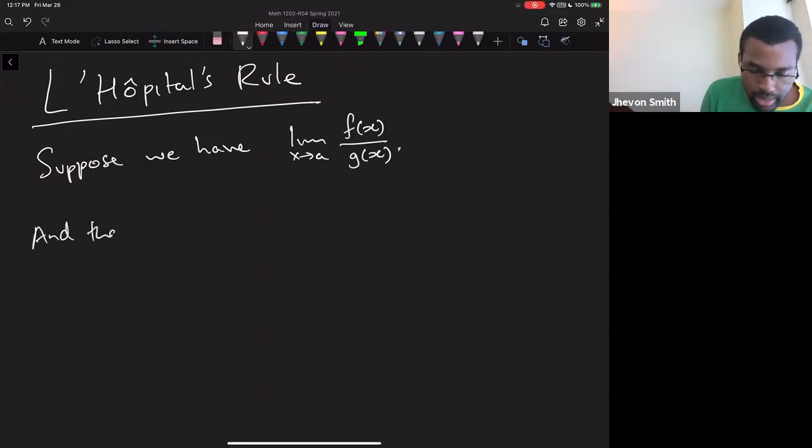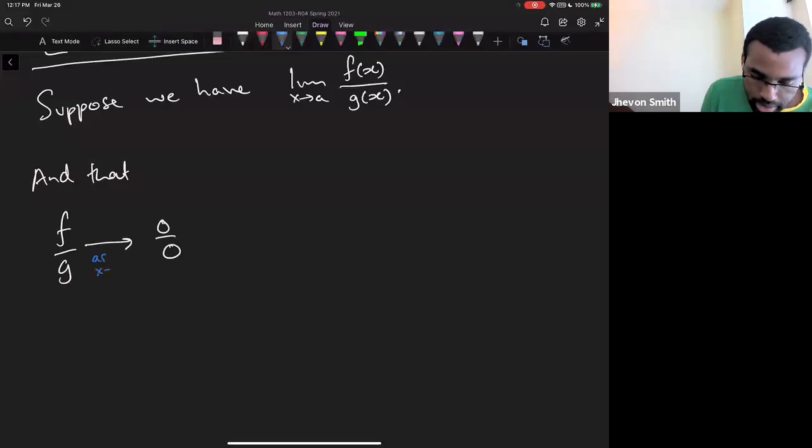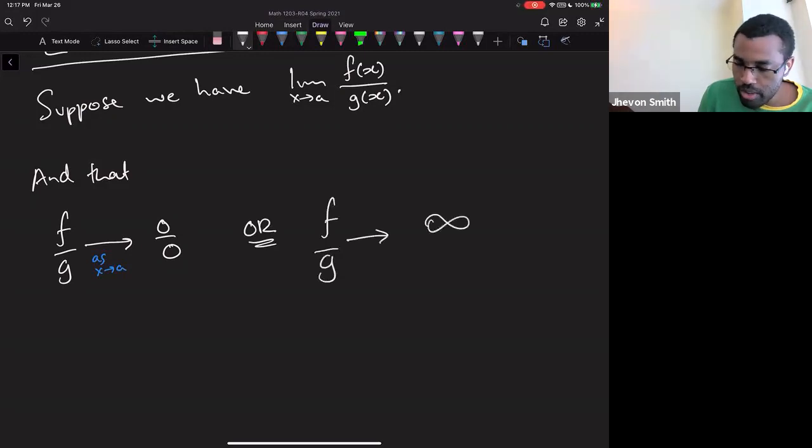And that f over g gets closer to 0 over 0 as x gets close to a, or f over g approaches infinity over infinity as x gets close to a, plus or minus, right?